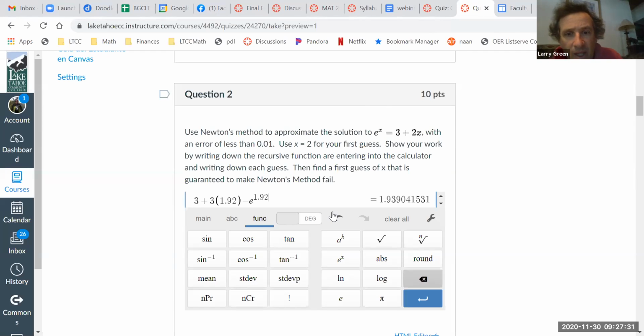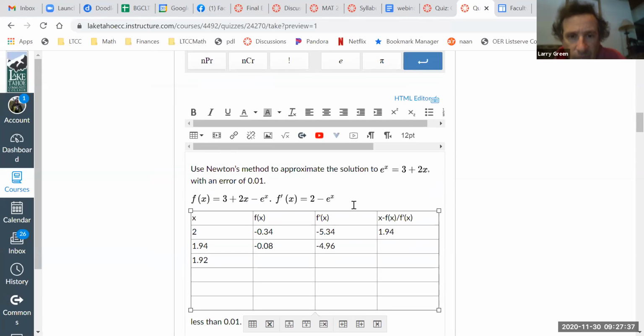Okay. And what we get is 1.94. That's because I only carry 2 decimals, but basically we're back. So that means we're basically there. And if you carry more decimals, you'll see 1.93 is the answer.